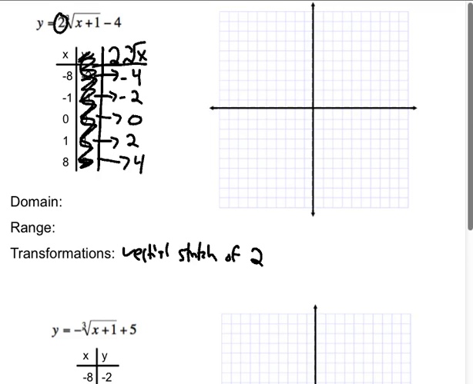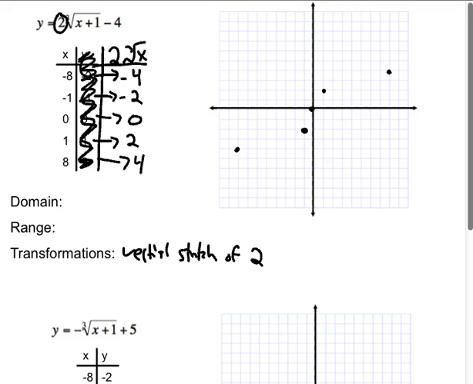And now I have my points I'm going to plot. -8, -4 puts me right there. -1, -2, 0, 0, 1, 2, and 8, 4. So I plot each of those points that's in my table after applying the stretch.